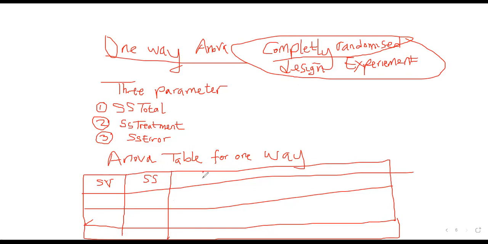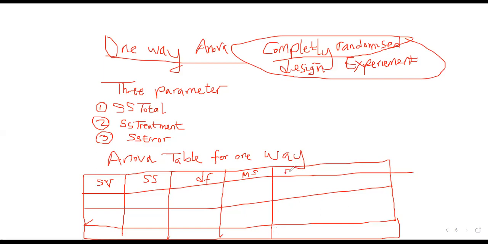Then you have the degree of freedom, which is DF. Then we have the mean square. And then we have the F calculated.